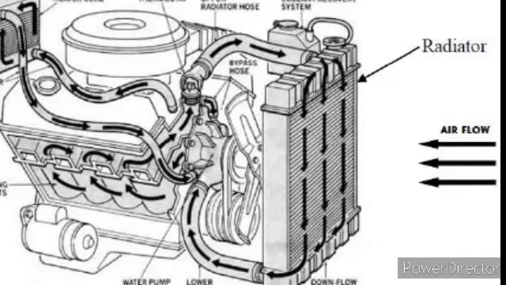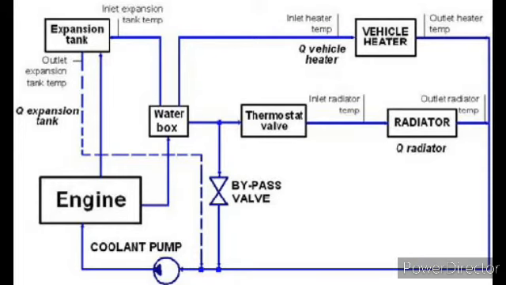So to deal with this pressure, we have the pressure cap and radiator overflow tank. When pressure in the radiator reaches up to 15 psi, it lifts up the spring in the pressure cap, thus opening a port for coolant to be transferred to the radiator overflow tank, thus keeping pressure in control.